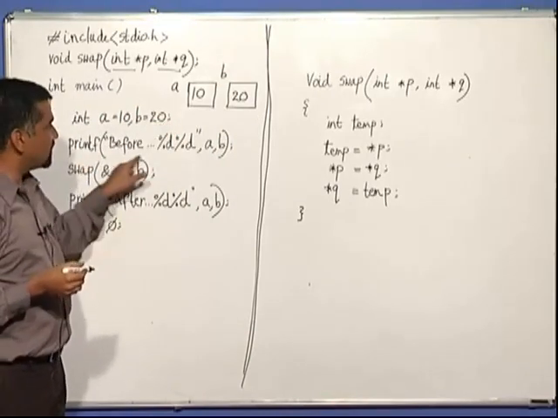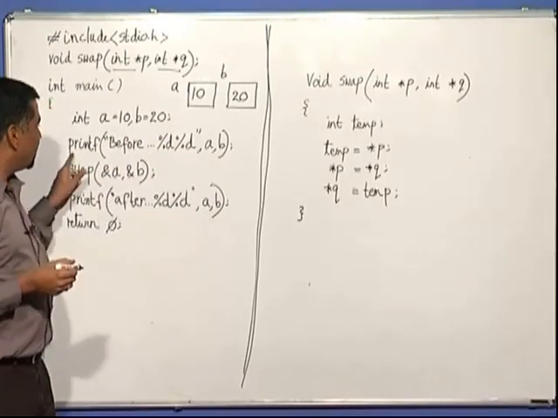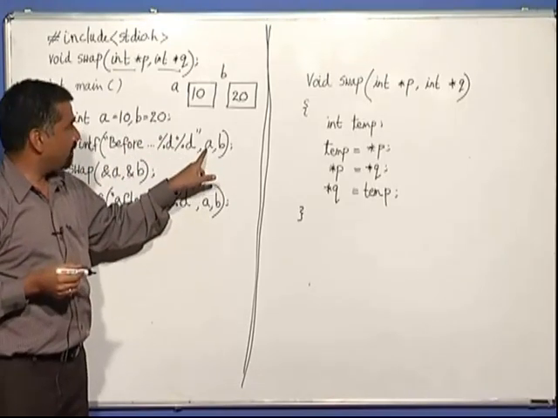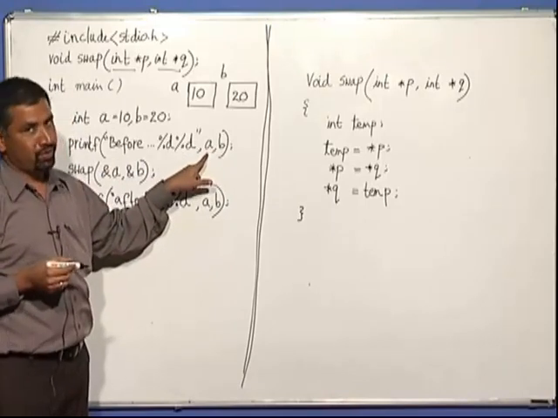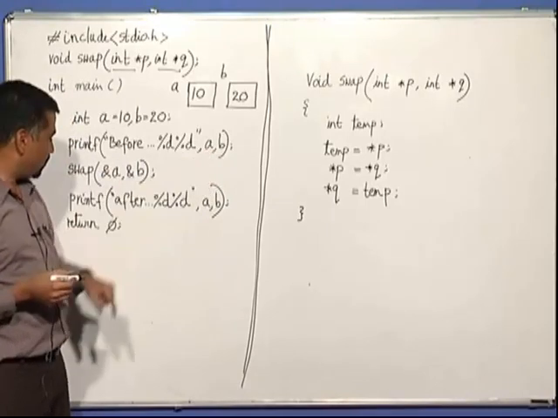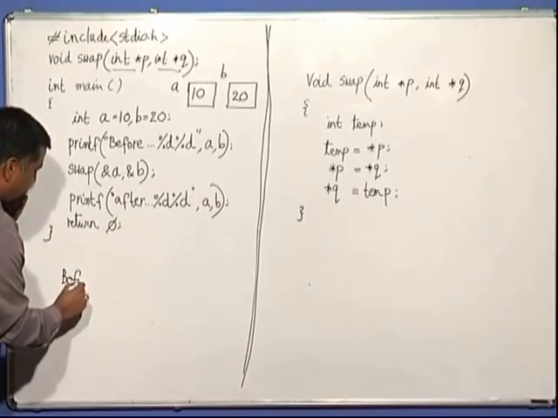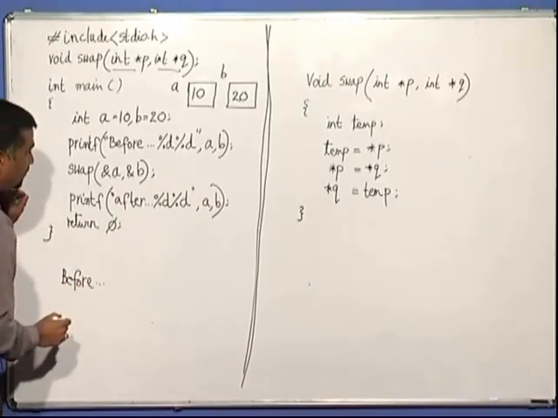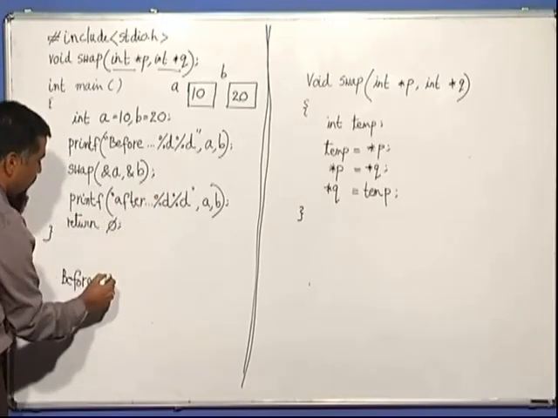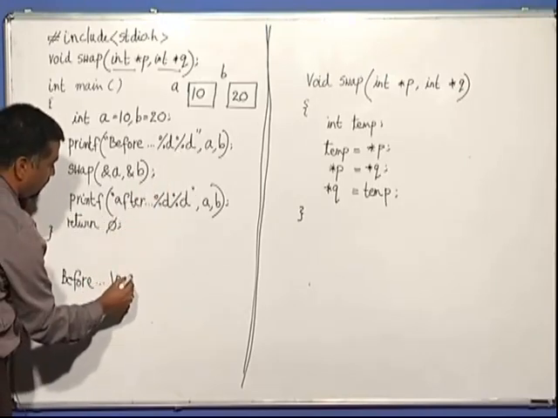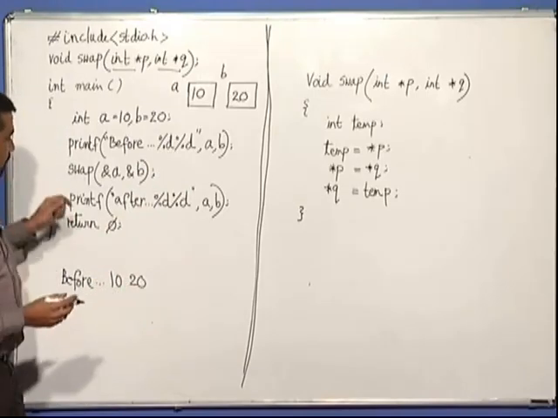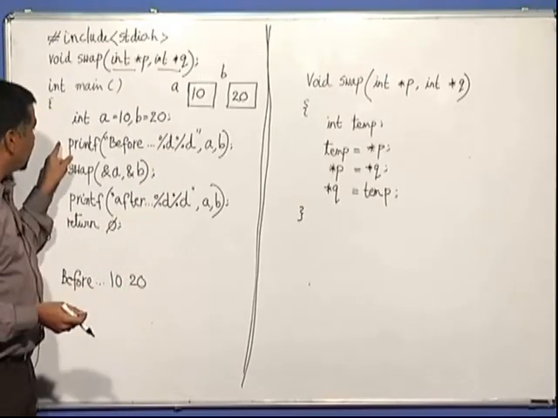Immediately this statement gets executed. So when the printf statement is executed, the current values in A and B are printed. I think this is what is expected: 10 and 20 would be displayed on the screen because of the statement here.